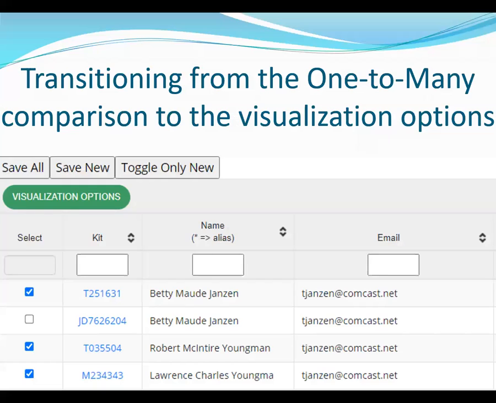Now you can transition from the one-to-many comparison to various different visualization options. What I've done here is show my grandmother's top 3 matches, which would include my mother and my mother's 2 brothers. I've clicked on them to select them, and we can transition over into the multi-kit analysis from this screen.